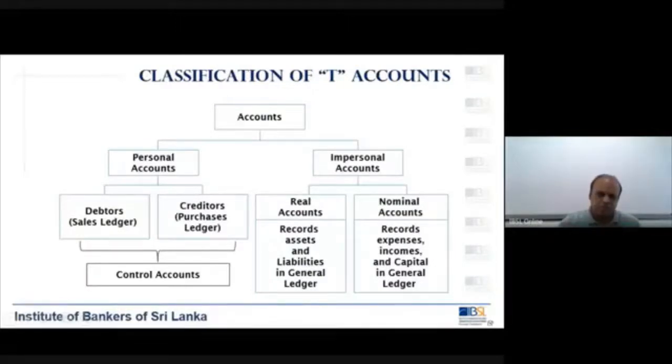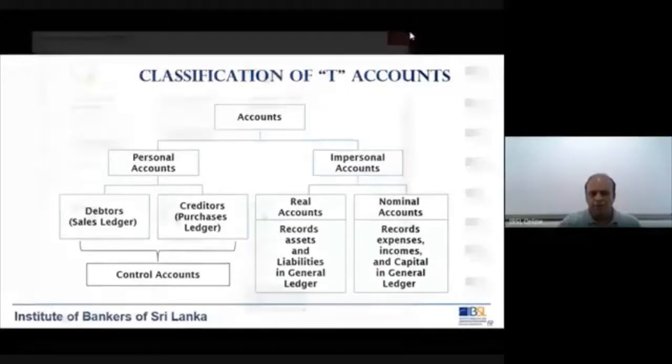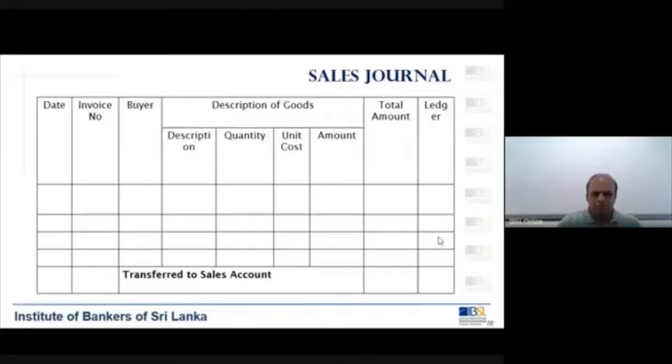And we also learned what is called a control account. A control account relates to the sales and the purchases. So that is what we are going to look at basically. Now we start off with the sales day book.